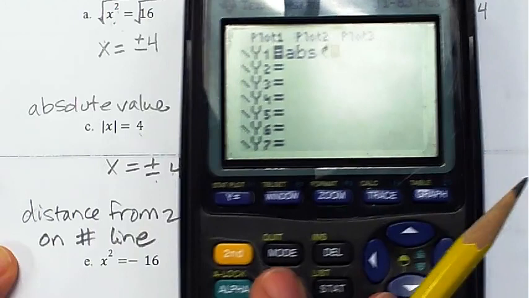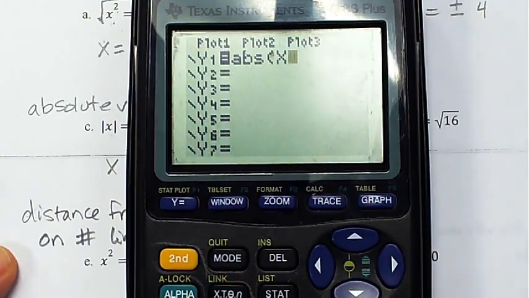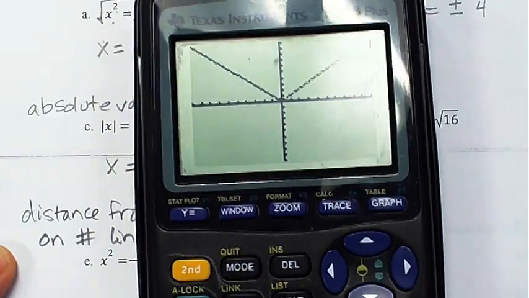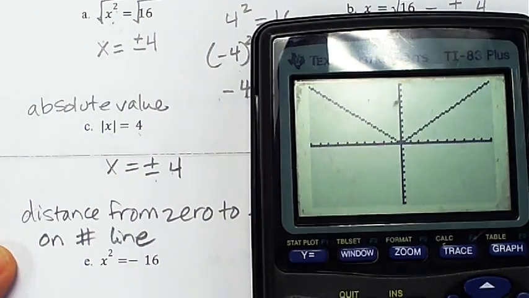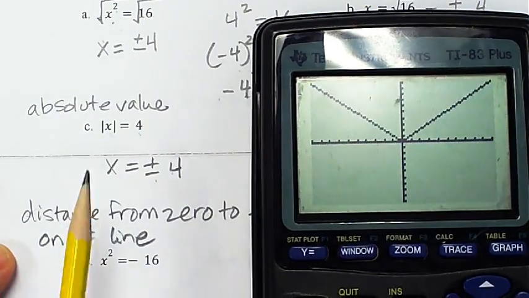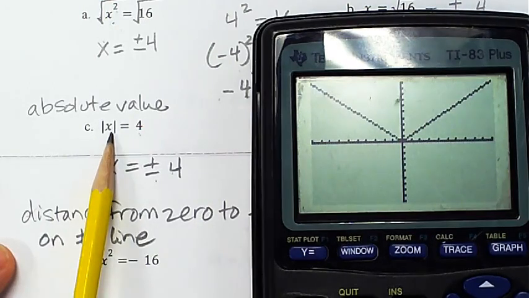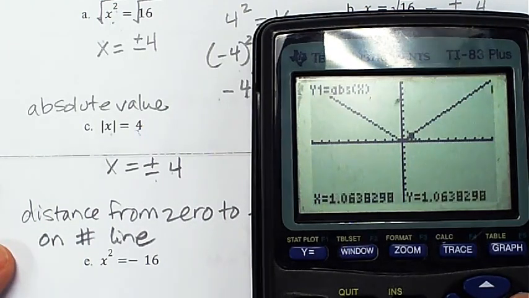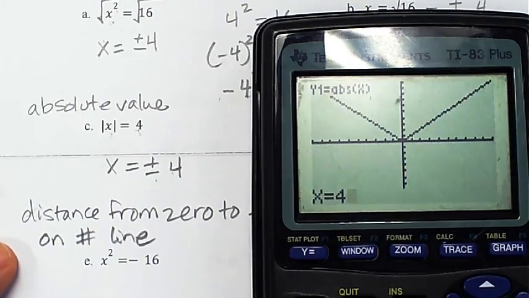I'm going to press X right here, and so that's what the absolute value of X looks like. And if I'm looking for where the absolute value of X equals 4, I could do trace, and I'm just going to check these answers by pressing 4, enter.